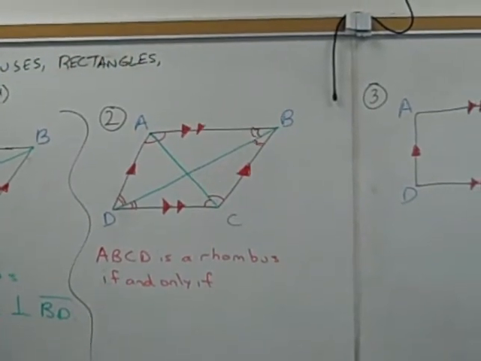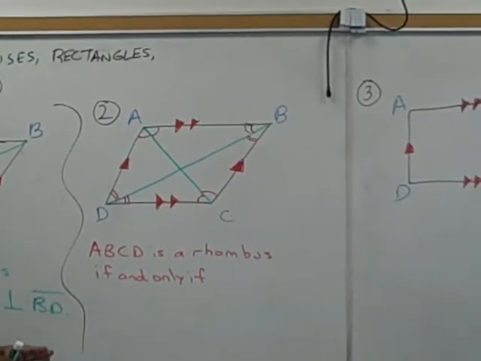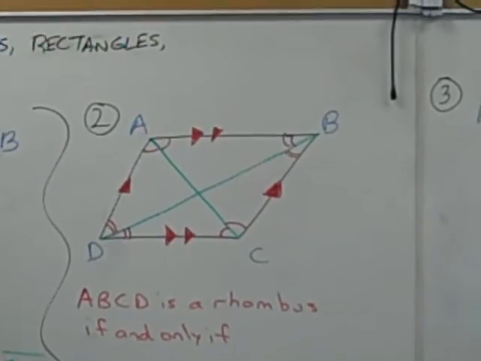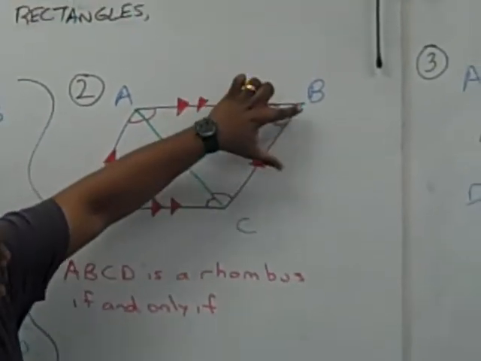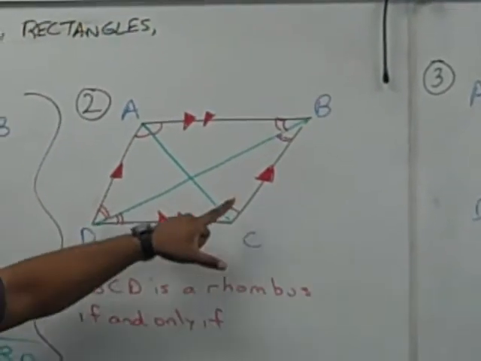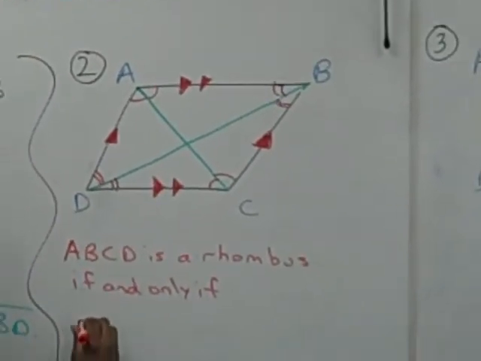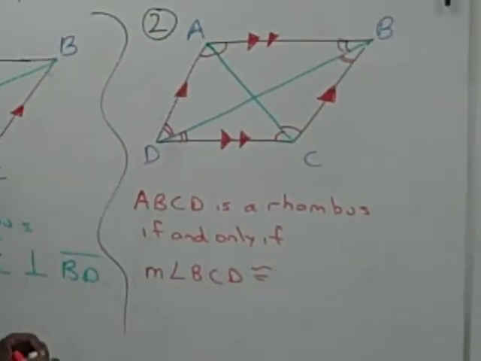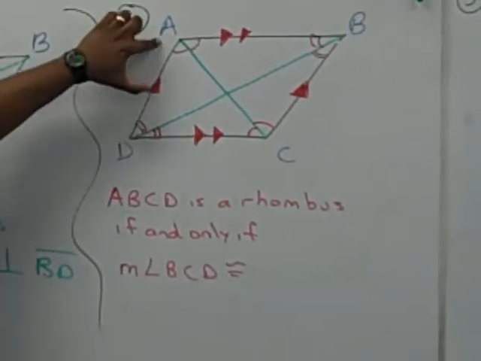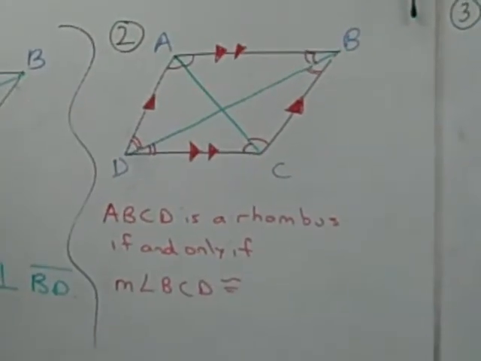So, ABCD is a rhombus if and only if there are just a few angles we're going to say. Angle BCD, which is this whole angle right here, if the measure of angle BCD is congruent to DAB, or BAD.